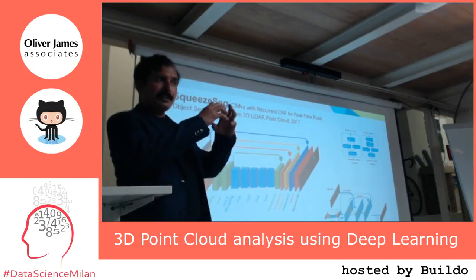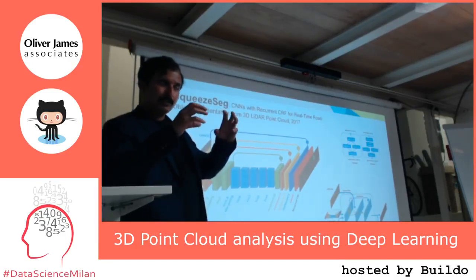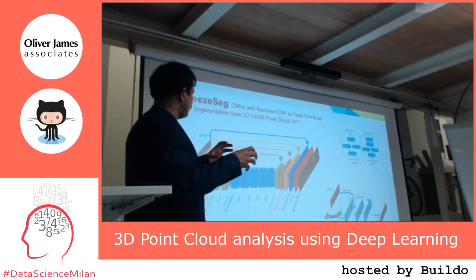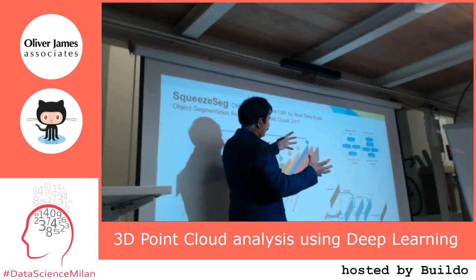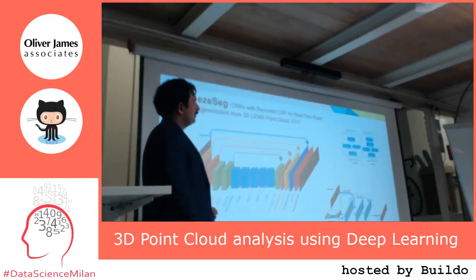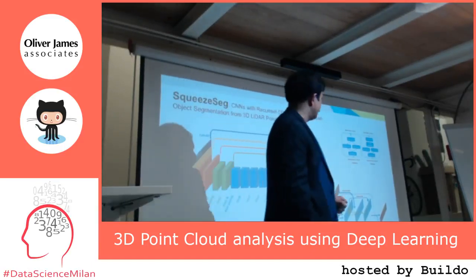You actually reduce the size of the feature set, and then you also do the deconvolution to expand the shape or the size of the feature set.